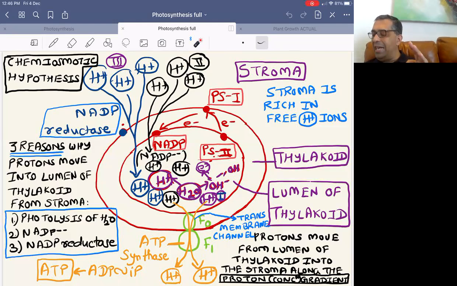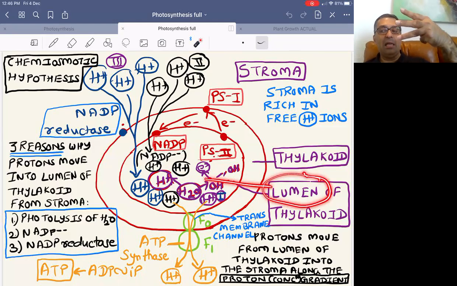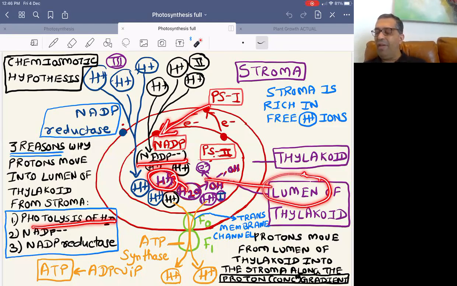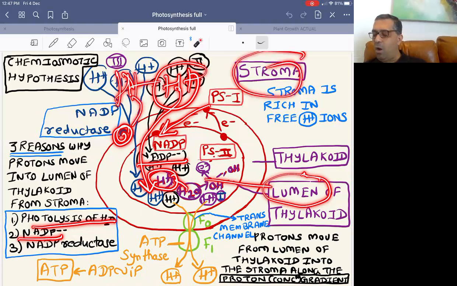Protons accumulate in the lumen due to three reasons: due to photolysis of water, due to NADP minus minus, which gets electrons from PS1 and has an electrostatic force of attraction for protons, and NADP reductase bringing protons from the stroma back into the lumen of the thylakoid.